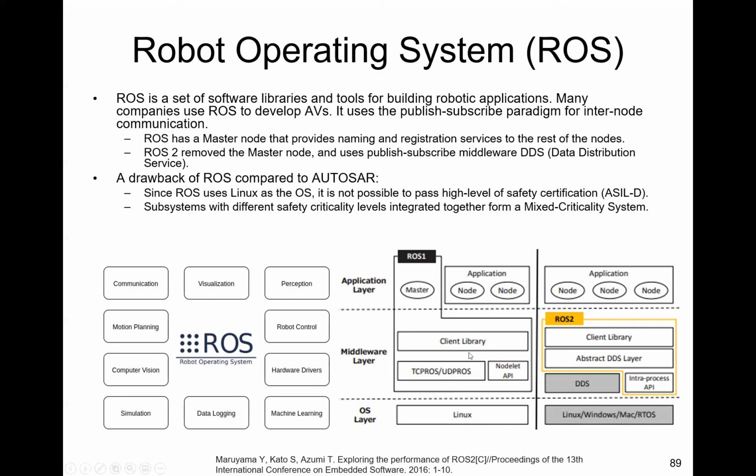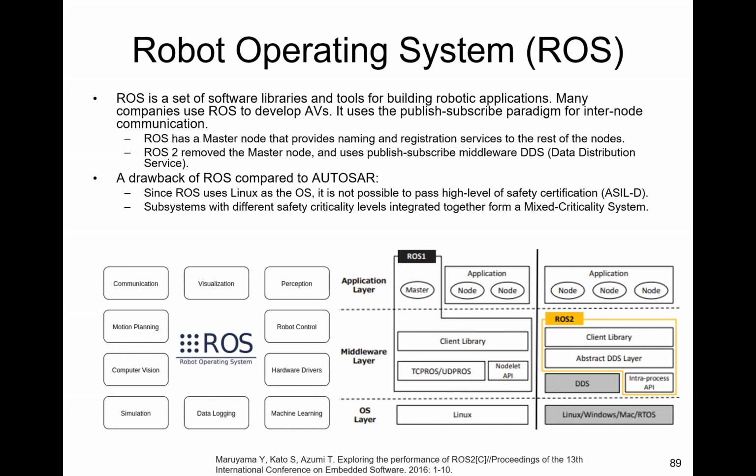So here the figure shows ROS 1 versus ROS 2. So ROS 2 took away the master in ROS 1 and relies on DDS. The underlying platform is mainly Linux or Windows or macOS.